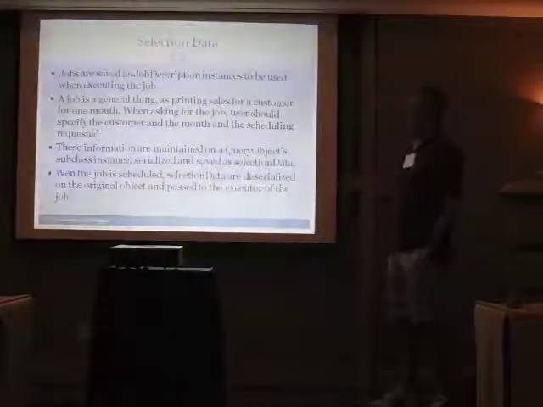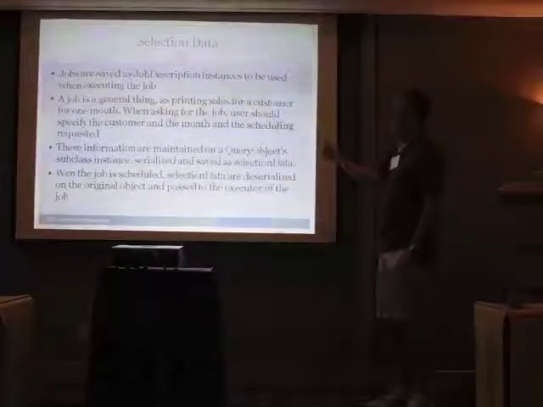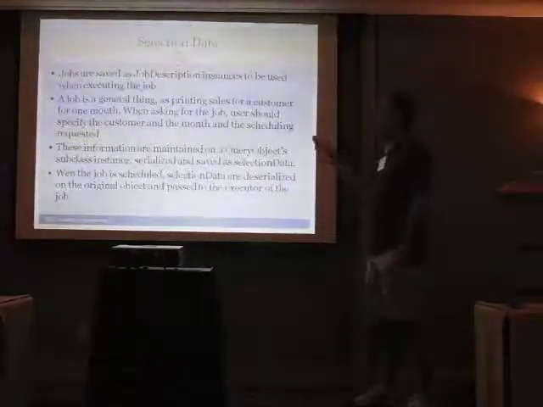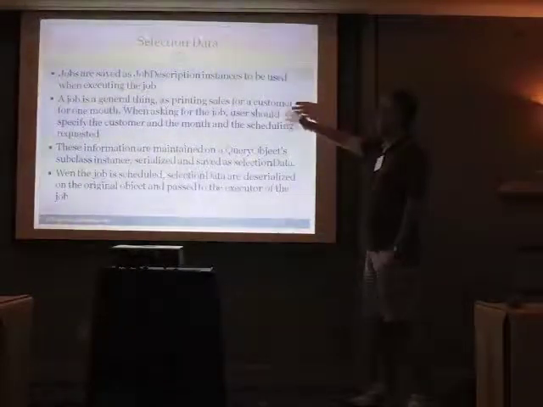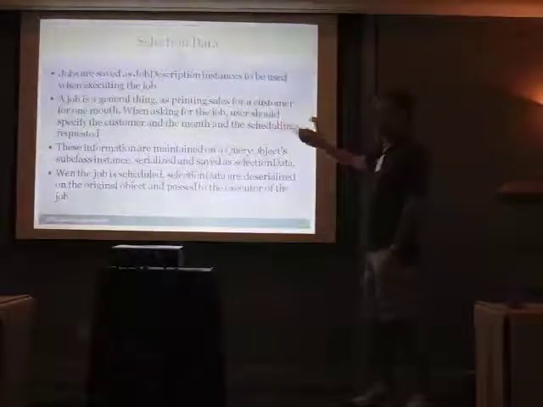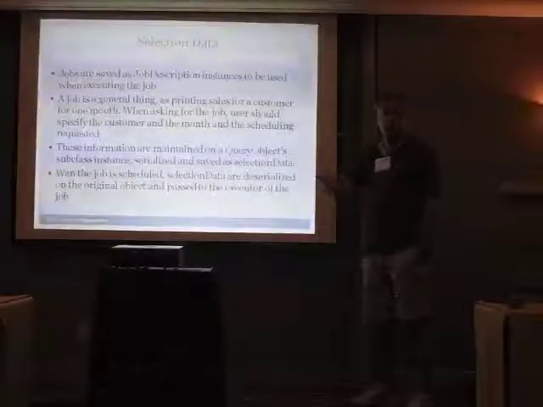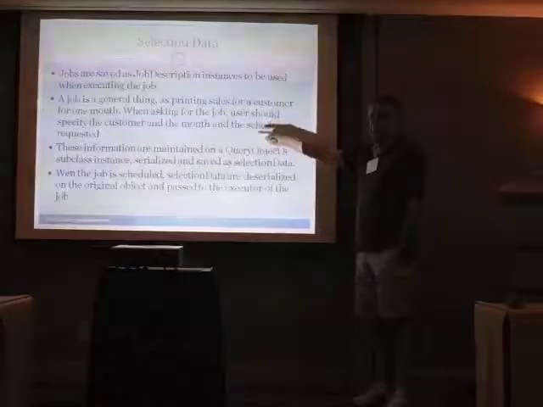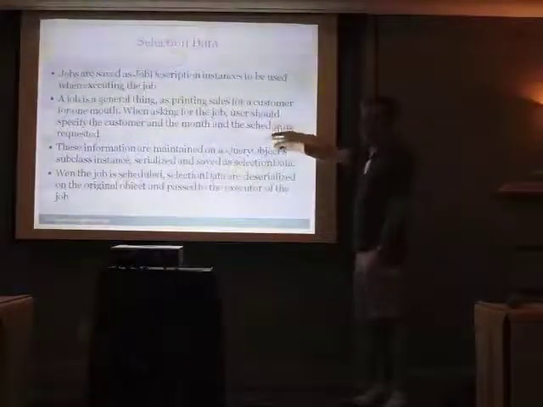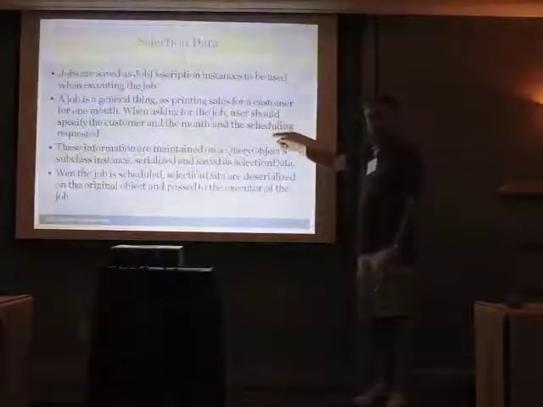A job is a general thing. For example, it declares how to call a particular report, say printing sales for a customer for one month. What you have to give to Jasper report when you run the report is to define what is the customer you have to print the report for, and eventually what is the amount I have to look up. Okay?